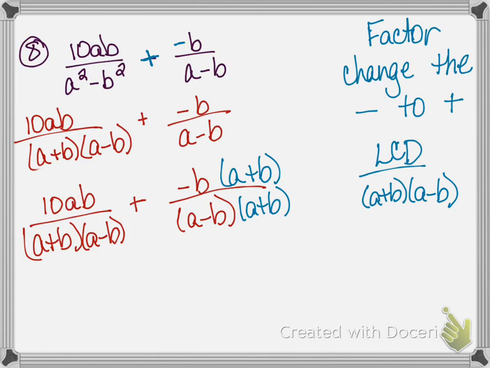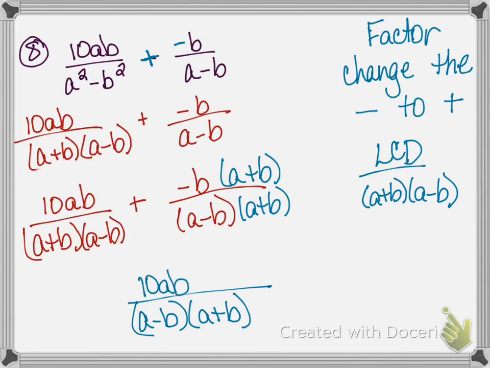So now I'm left with a new denominator, which is a minus b times a plus b. 10ab. I've got to distribute this right here. So I've got negative ab and negative b squared.